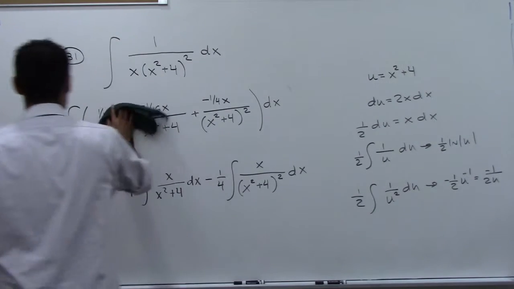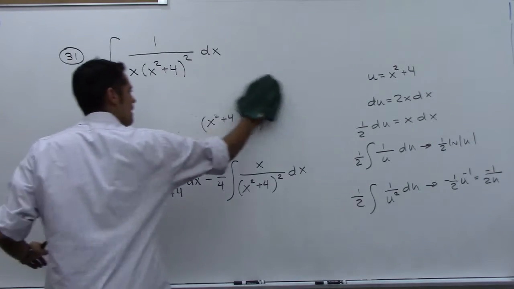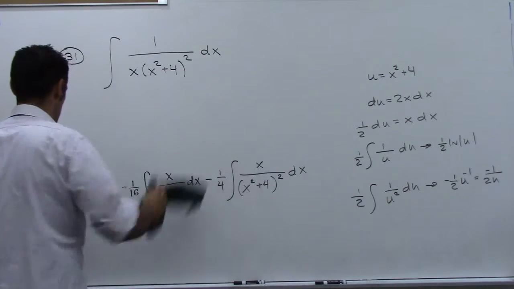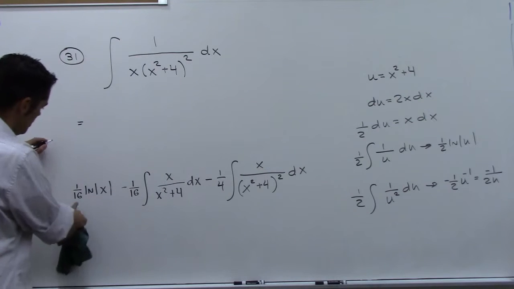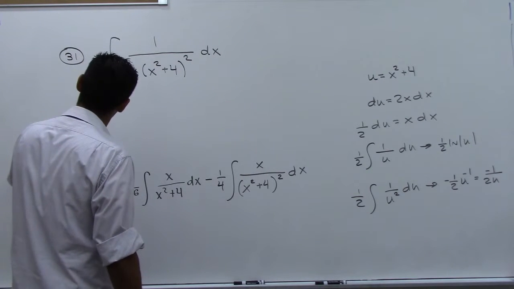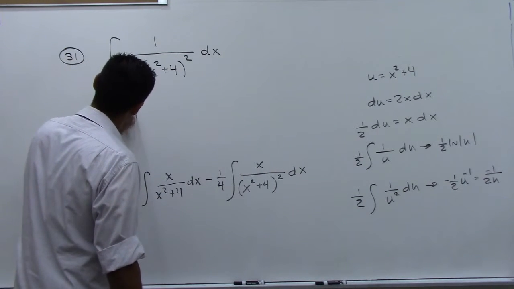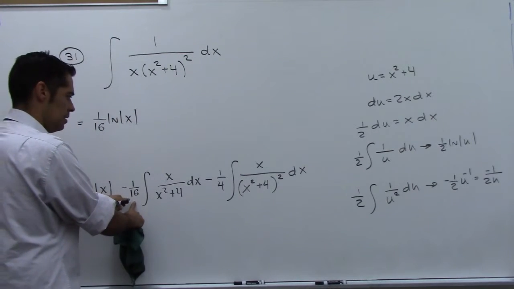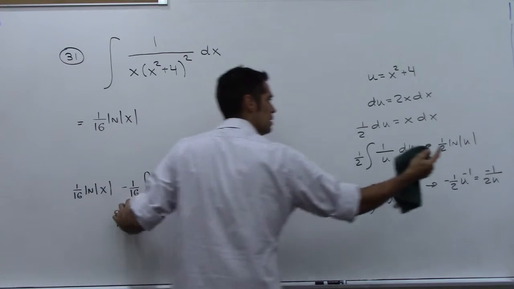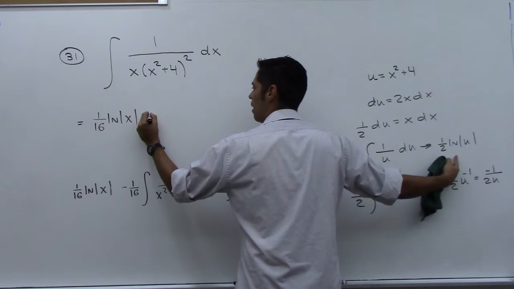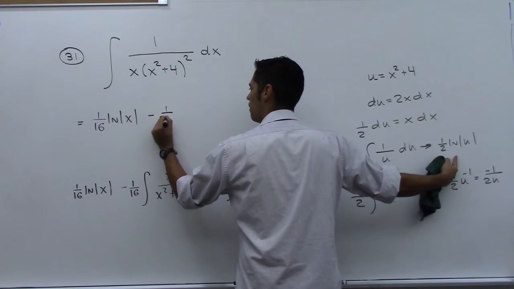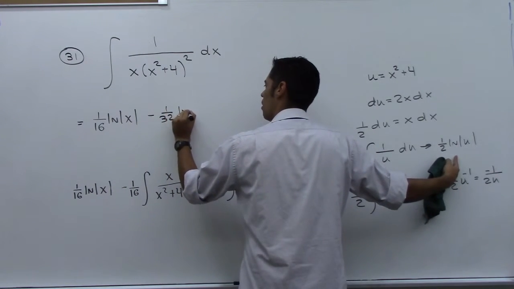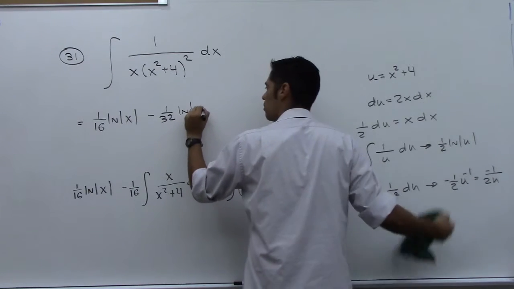So we should get as a final answer, let's see here, 1/16 natural log x minus 1/16 times, where is it? This one. So that's going to become a minus 1 over 32 natural log of u, but u was x squared plus 4.